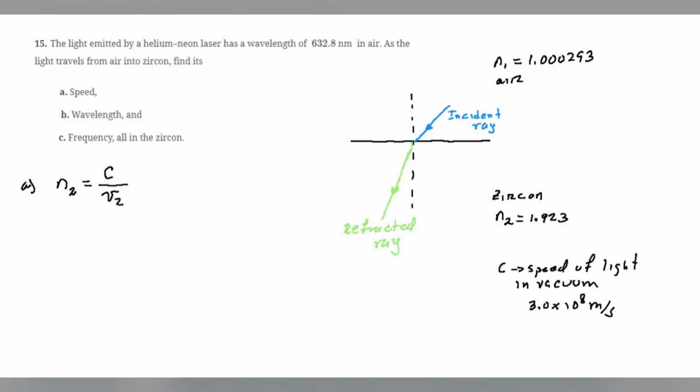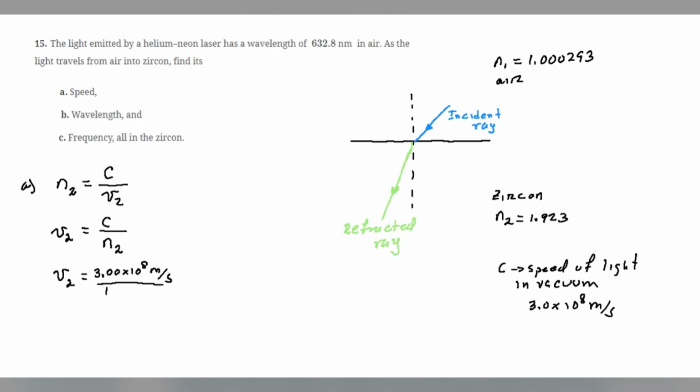So if I want to find the speed of light in this medium, I will say that v sub 2 will be equal to the speed of light in vacuum divided by the index of refraction n sub 2. So v sub 2 will be the speed of light in vacuum, 3.00 times 10 to the 8 meters per second, divided by the index of refraction that I found for the zircon, 1.923.